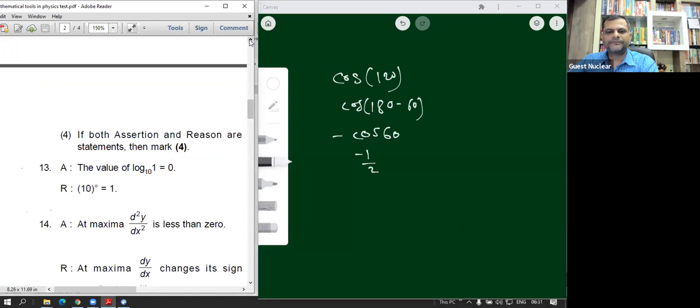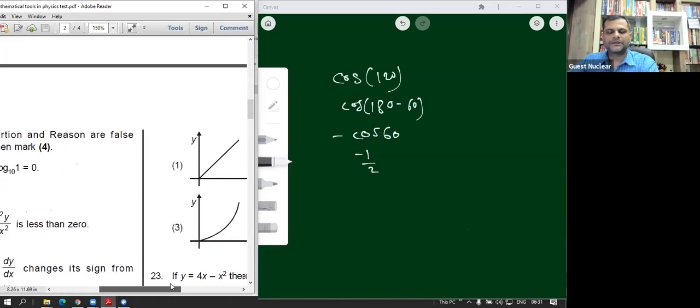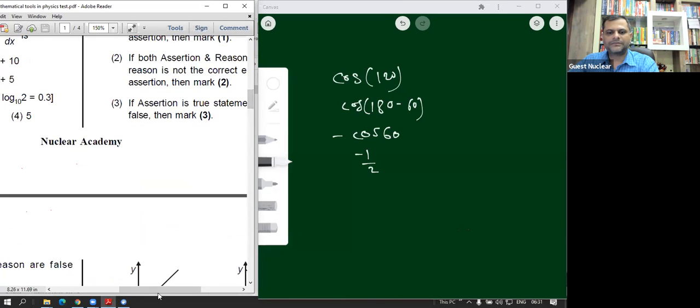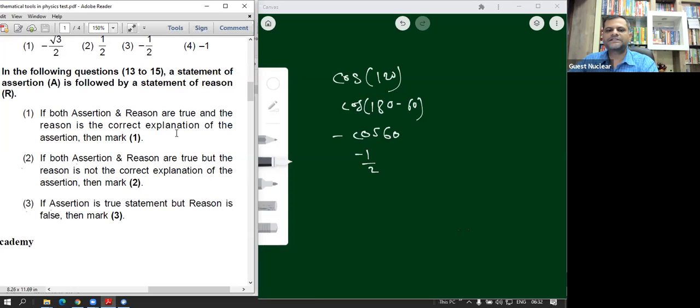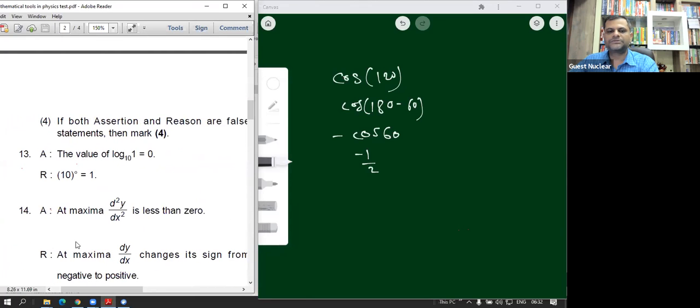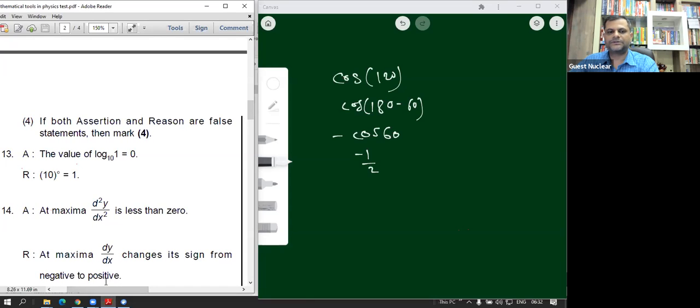Now, in this, we are given 4 statements. If both assertion and reason are true and the reason is the correct explanation, then we have to mark one option here. If both assertion and reason are correct but the explanation is wrong, meaning the reason is not why the assertion holds, then in such a case we have to mark 2. And the third is that assertion is true but reason is wrong, then we have to mark 3 as the correct option. And the fourth is when both assertion and reason are false, then we have to mark this 4.